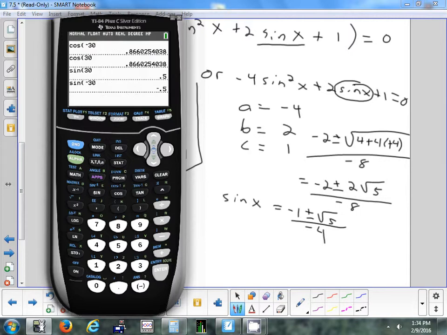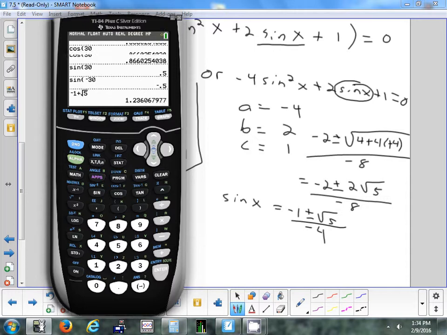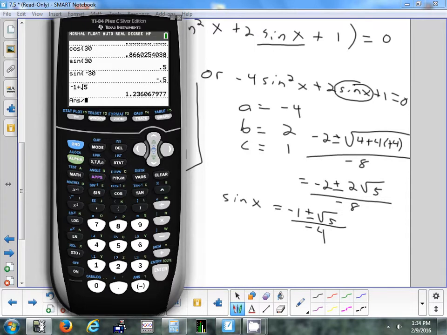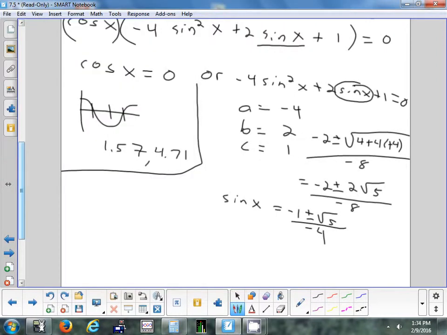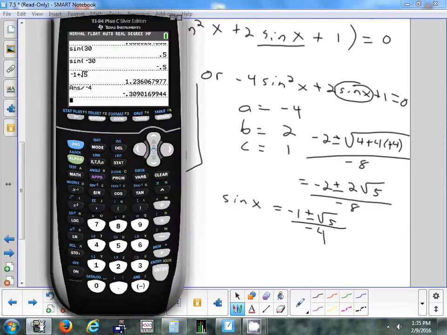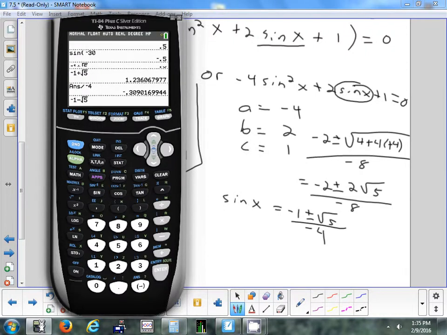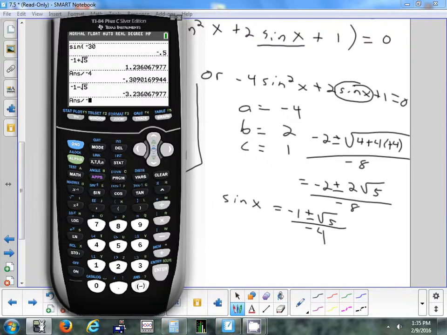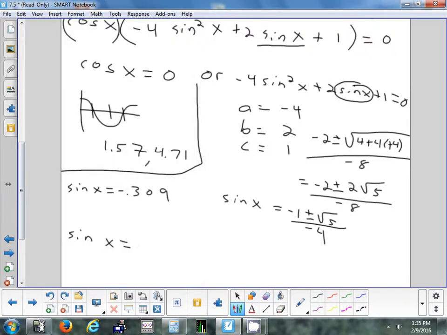So we've got negative 1 plus square root of 5 divided by negative 4. So I have sine of x equals negative 0.309. Okay, I'll solve that in a second. Sine of x equals, okay, do it again, negative 1 minus square root of 5 divided by negative 4. 0.809.